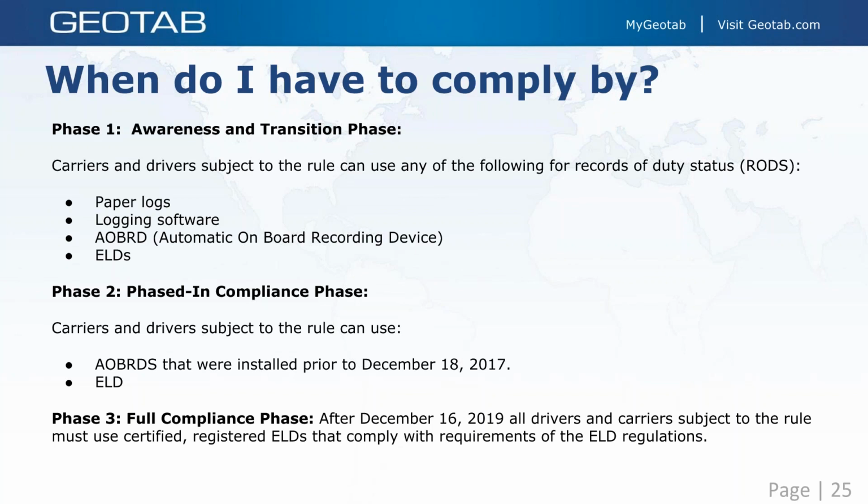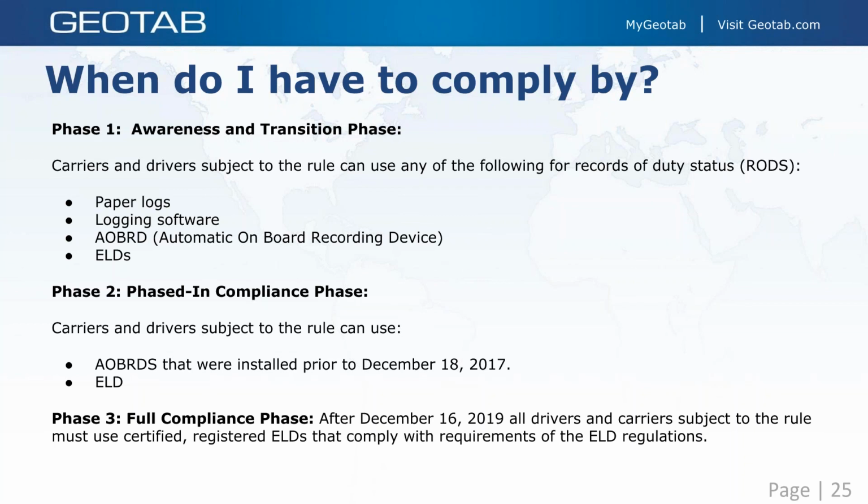In phase 1, the driver can use paper logs, logging software, which could be a third-party app that drivers can find, and they can record their duty statuses manually. There are AOBRD solutions and ELDs. During this phase, you can use any one of these four options.